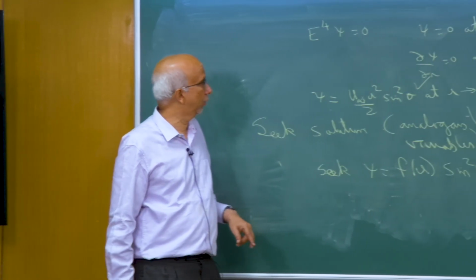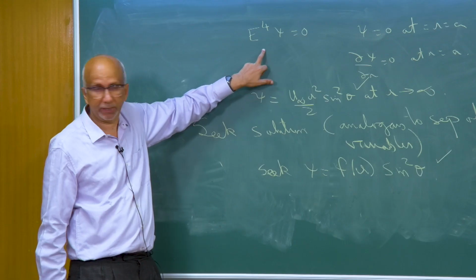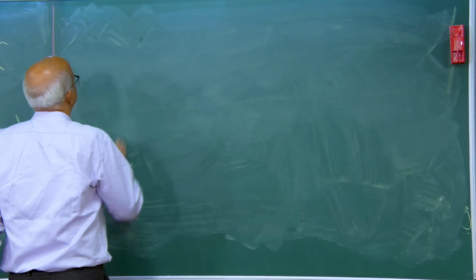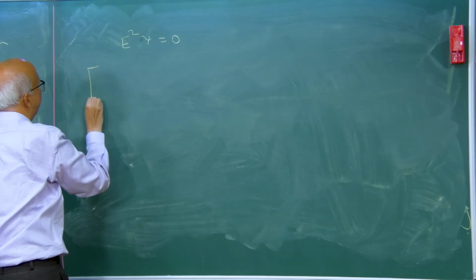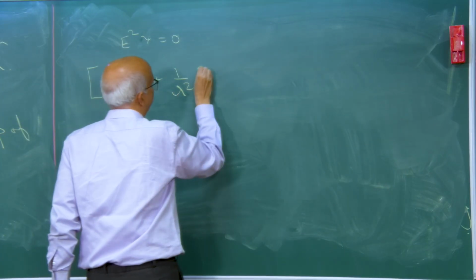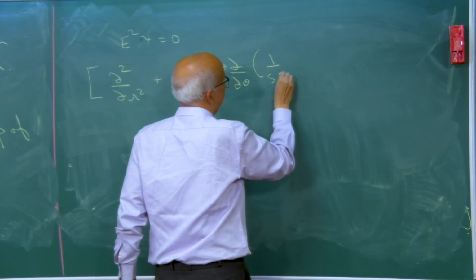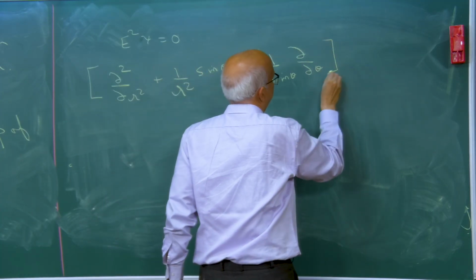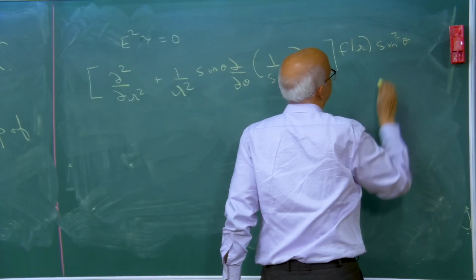So, what I want to do now is substitute this in my equation. And I am going to do the substitution in E squared. So, I look at E squared psi equals 0, and f of r times sin squared theta is what I have.